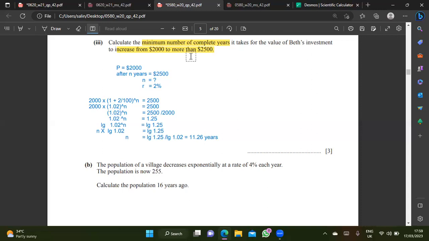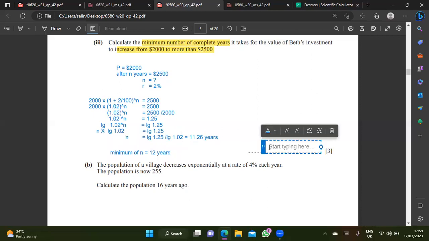But meaning the minimum of n should be more than 11 years. So we can put here 12.